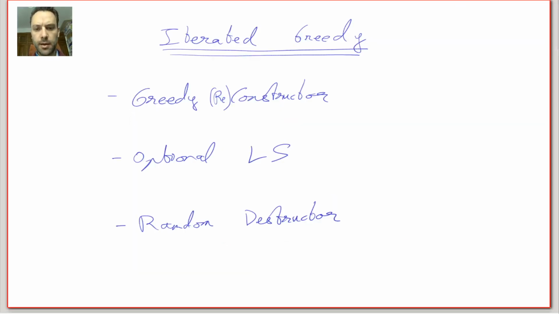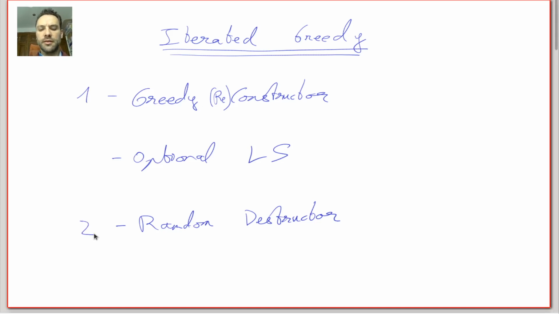Well, in this video I'm going to describe the procedure, the methodology of Iterated Greedy. This algorithm has mainly two stages: the greedy constructor and the random destruction.